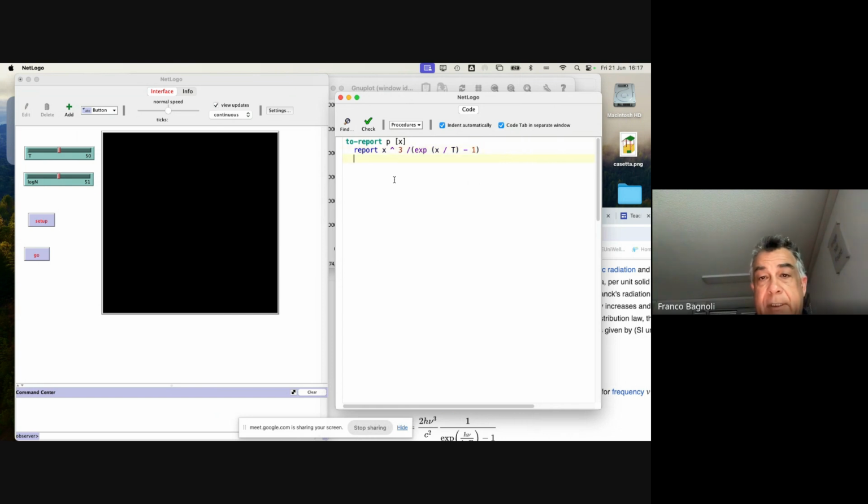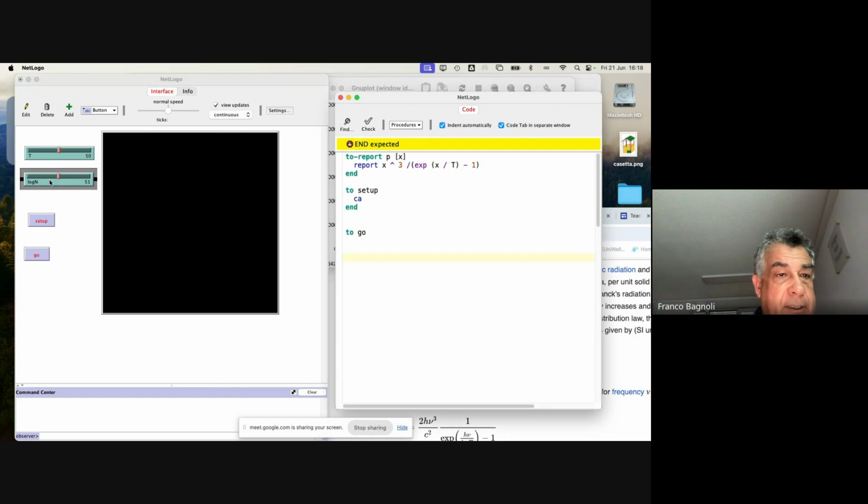Now this should be the desired probability distribution, unnormalized. So to set up, we essentially do nothing. To go, log n we don't need. We go on until we stop.